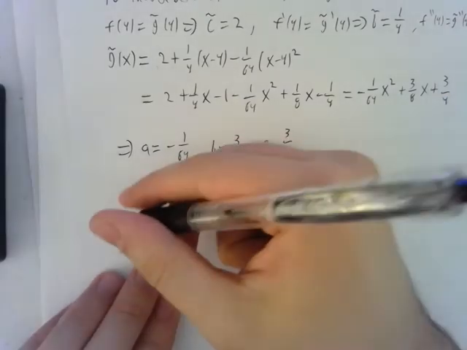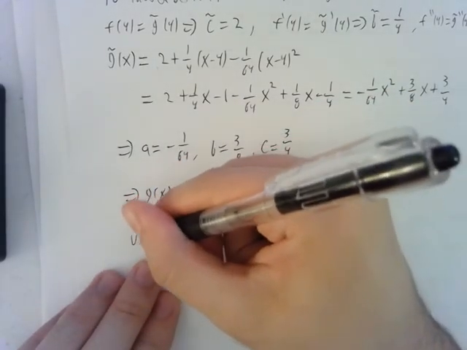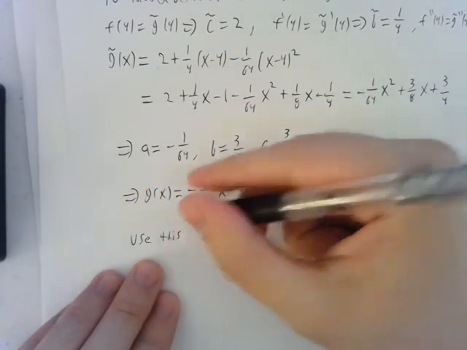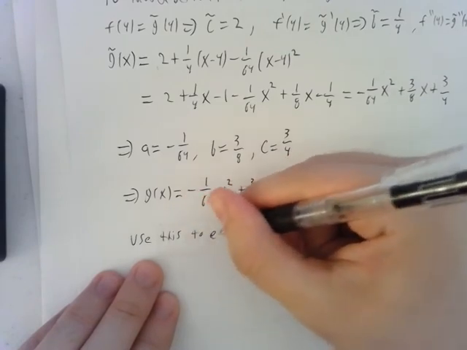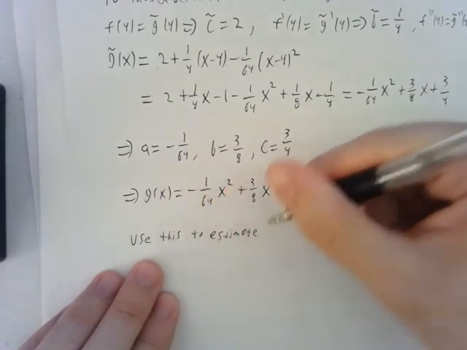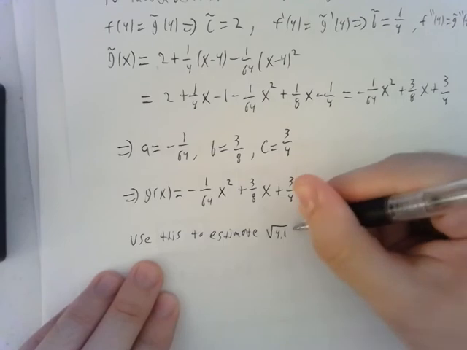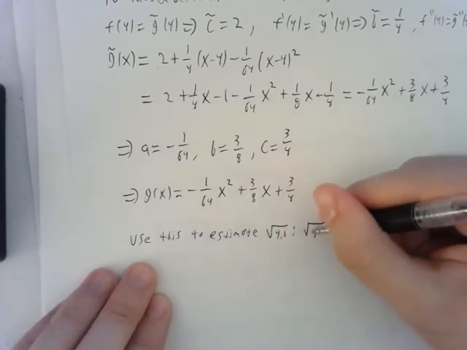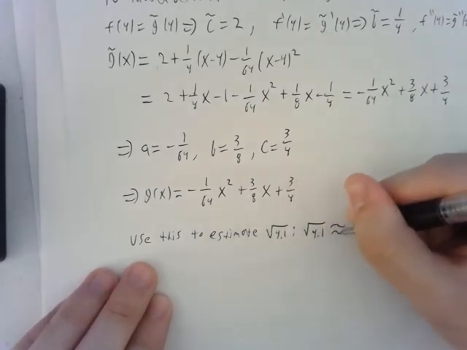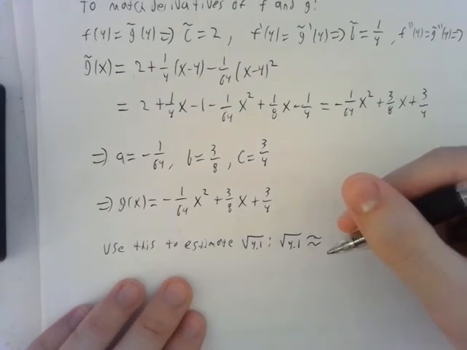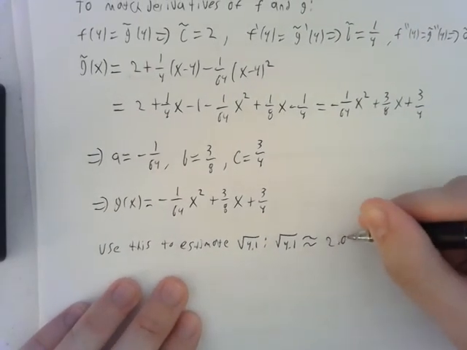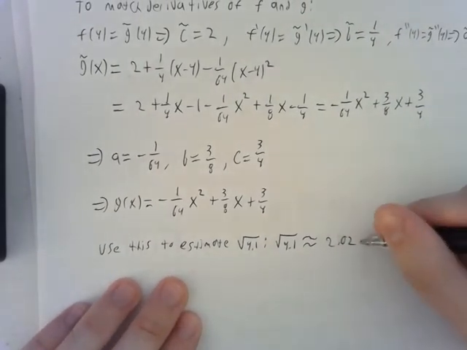And if we use this to estimate the square root of 4.1, then we'll get that the square root of 4.1 is approximately equal to 2.0248437.